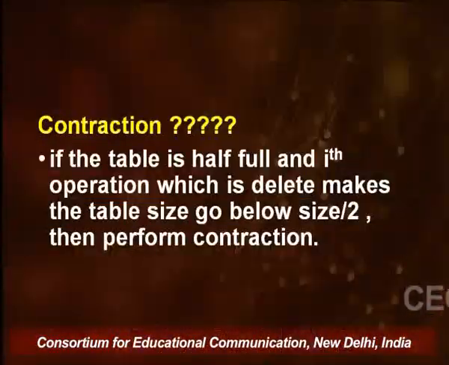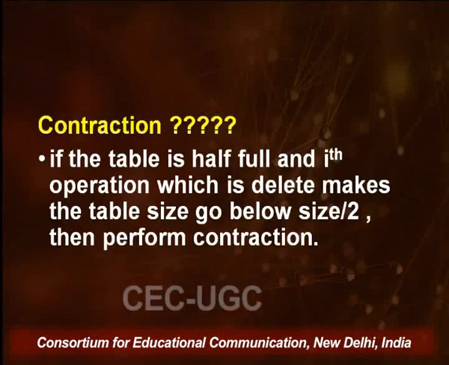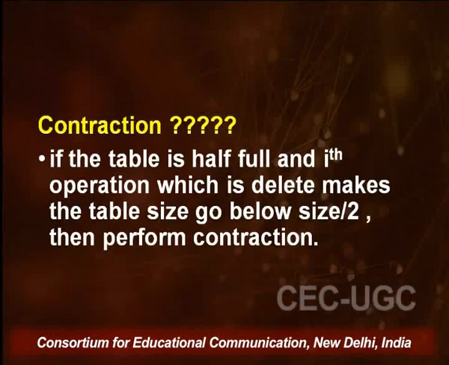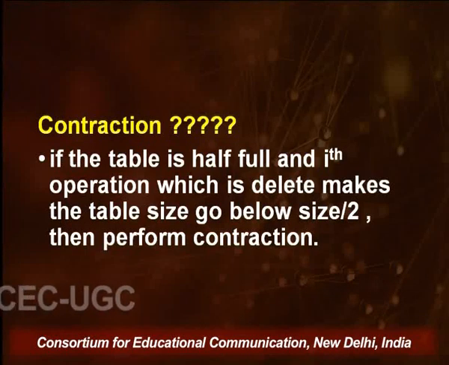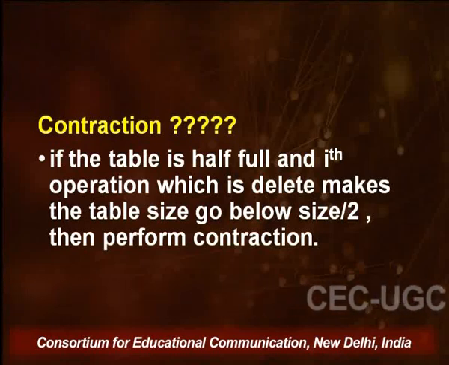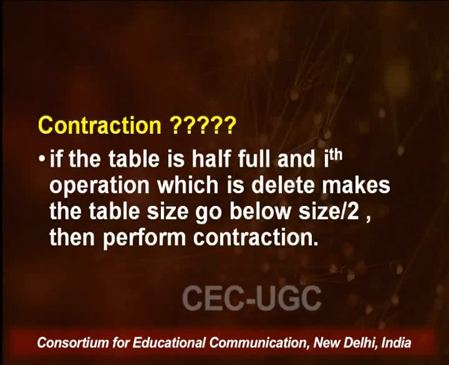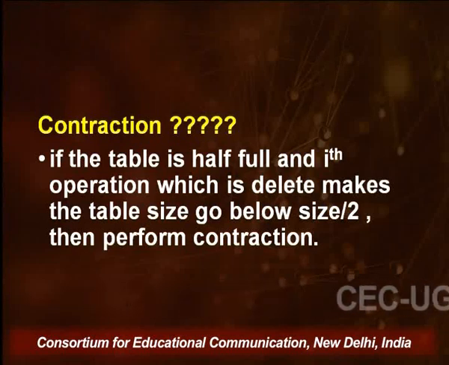Fine. What about contraction? The first strategy that comes to mind: we expand when the table is full, so obviously we will contract when the table is half full. When the table is half full and the ith operation is a delete, the number of elements in the table will go below 50%, or less than 1 by 2.